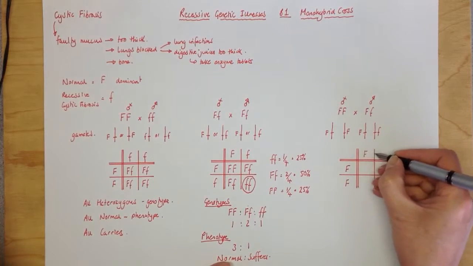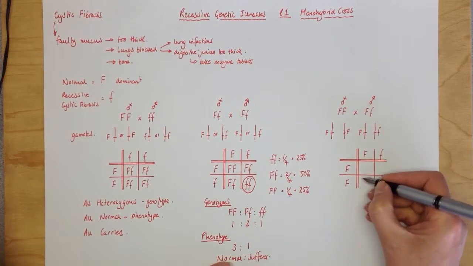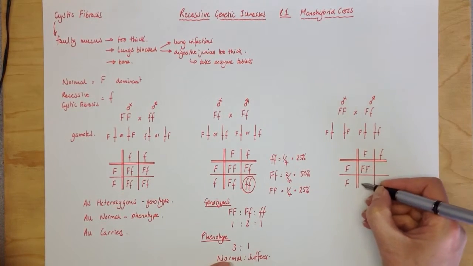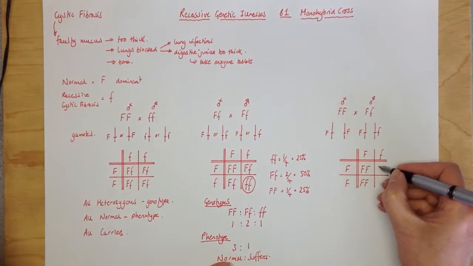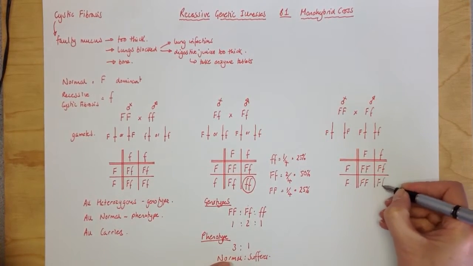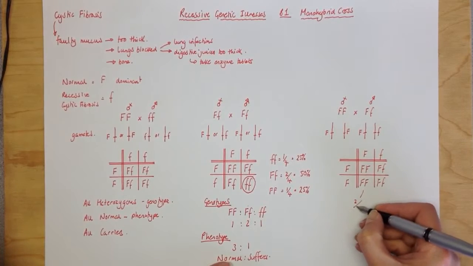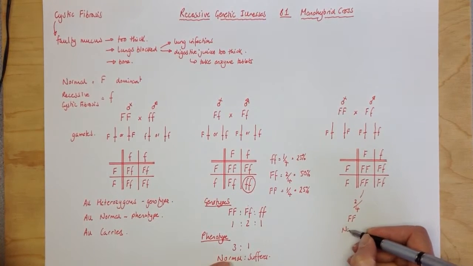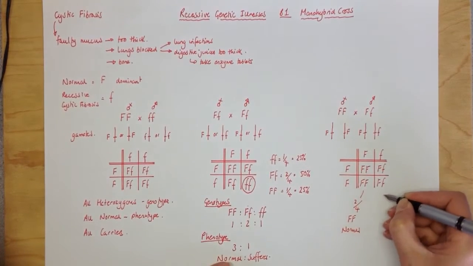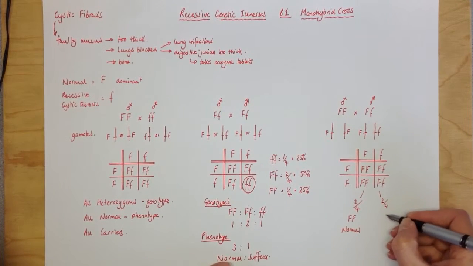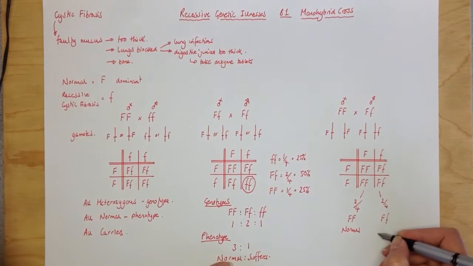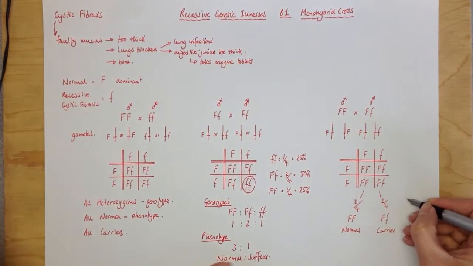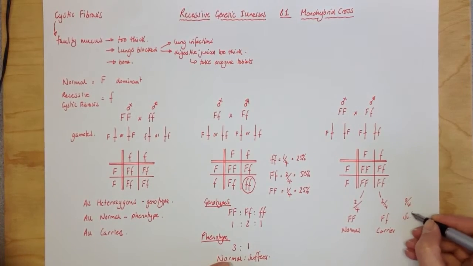We do dad's sperm, half normal, half carry the cystic fibrosis gene. So when they combine, 2 out of 4 chance of being homozygous dominant normal, and a 2 out of 4 chance of being a carrier. There's a 0 out of 4 chance of being a sufferer.